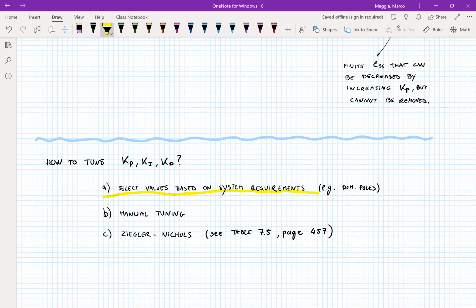So at most have as many equations as parameters that you want to determine. If you have fewer equations, that means that you have infinite possibilities. So you can, for instance, pick Kp, and then the equations will determine Kd and Ki.